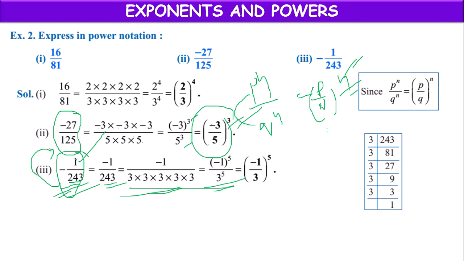So minus 1 also can be written as minus 1 whole power 5, because the value of minus 1 raised to odd natural number is always minus 1. So minus 1 whole power 5 by 3 power 5. This 5 we can write as a common power. Minus 1 by 3 whole power 5. Like that.